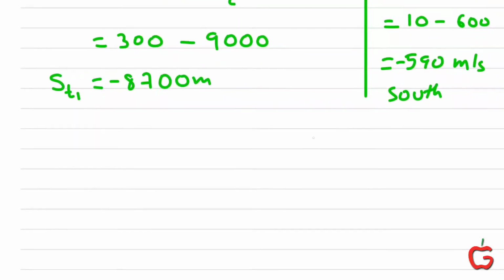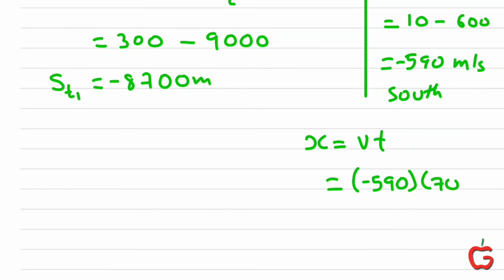The distance covered x would be vt, where v is minus 590. The remaining time is 70 seconds. So this distance comes out to be minus 41,300 meters. Okay. So this is the distance covered in the remaining 70 seconds.